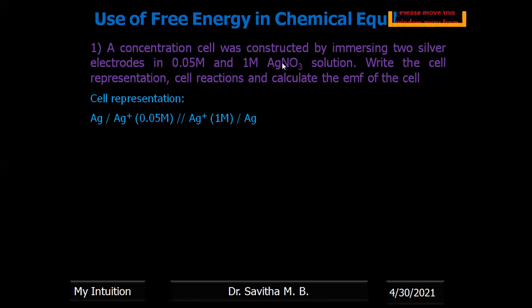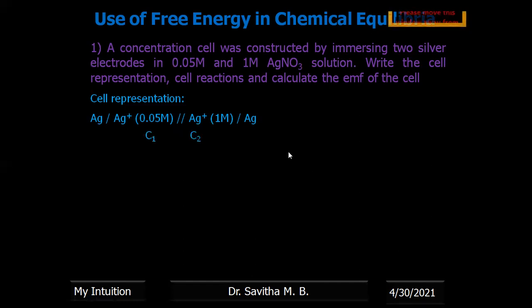If this is minus, this has to be plus so that it gets cancelled. Therefore NO3 is minus 1, so Ag is +1, and +1 means 1 electron is taking part. So Ag getting converted into Ag plus of 0.05 molar, salt bridge, Ag plus of 1 molar, the higher concentration, is the cathode, then slash Ag. This is the cell representation.